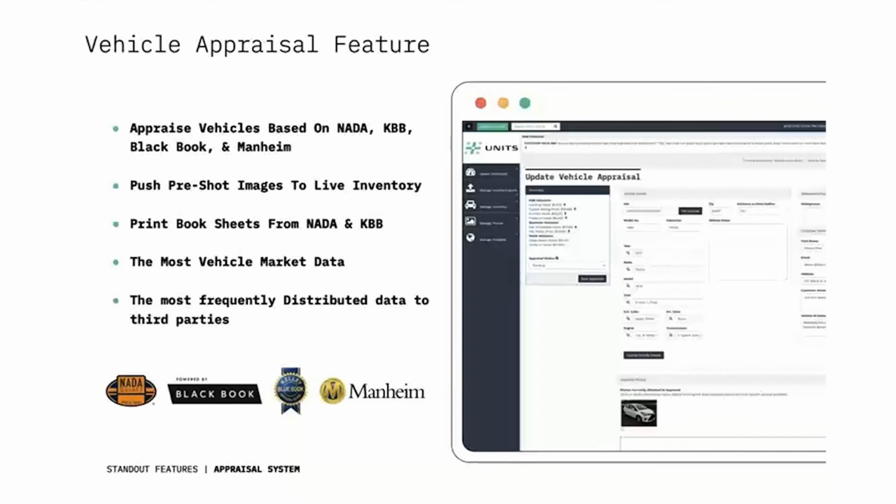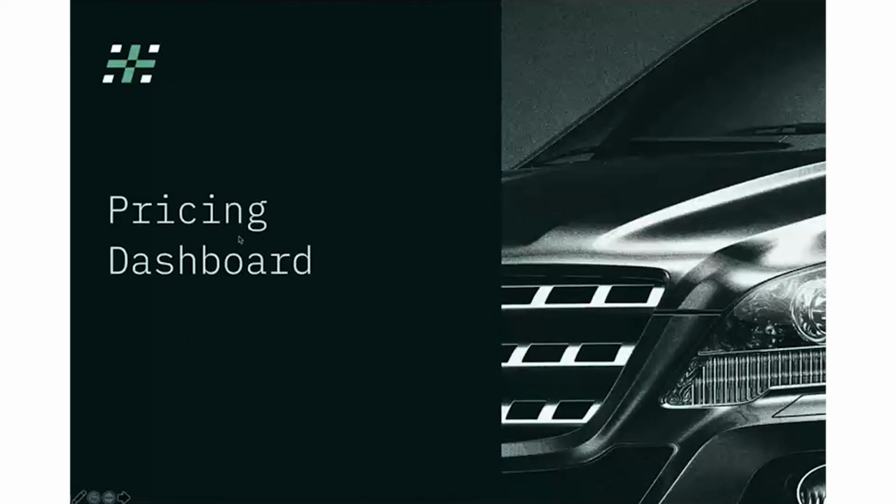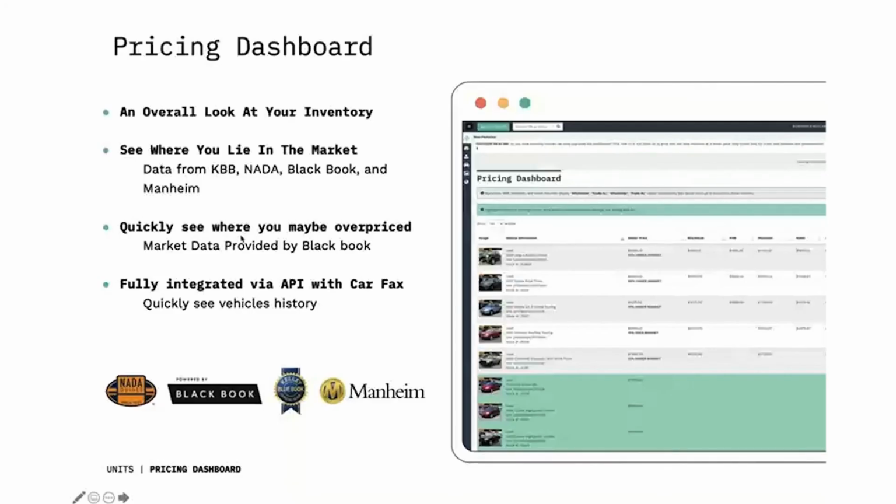The system also allows you to look at market data while you're at the auction or you're outside appraising a vehicle. This allows you to see your competing dealerships around you if they have a similar vehicle, where you're priced out in the market. It also tells you how many of those types of vehicles are out there in your market at your competitor. So our pricing dashboard basically gives the dealership, at a glance, where they sit in the market.